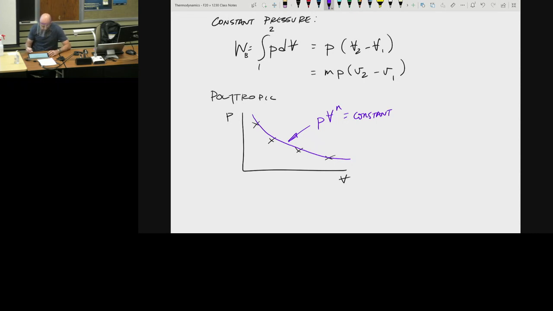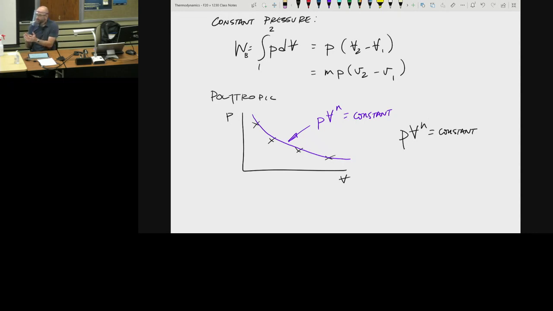Now, polytropic is telling us, like I said, that PV to the N is equal to constant. Students all the time in this class want to make work polytropic all the time. I'm going to tell you very clearly, unless the problem statement says polytropic work, or says the pressure and volume are related by some N, or says PV to the something, it's not polytropic.